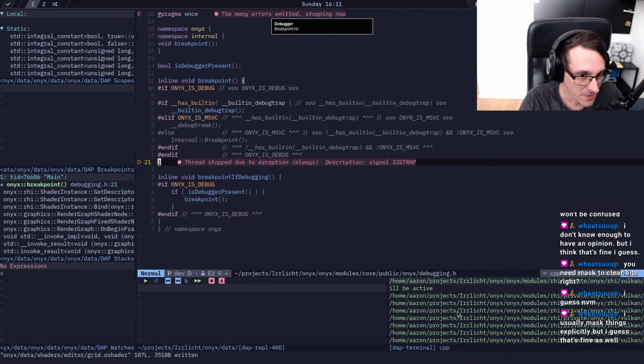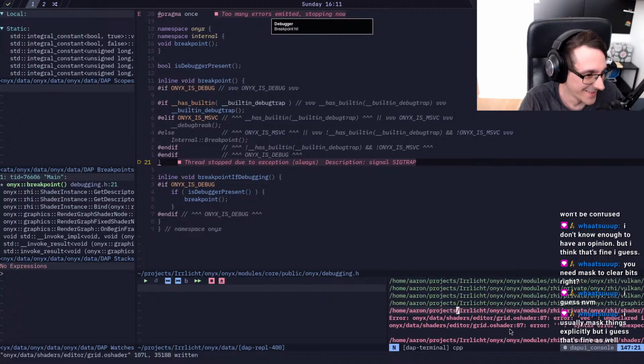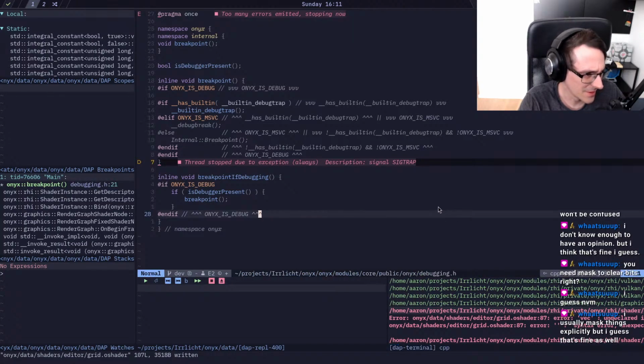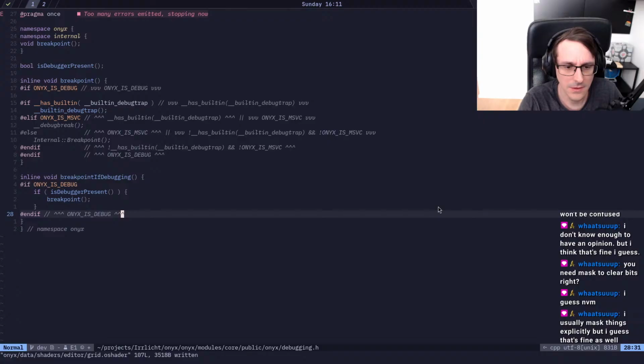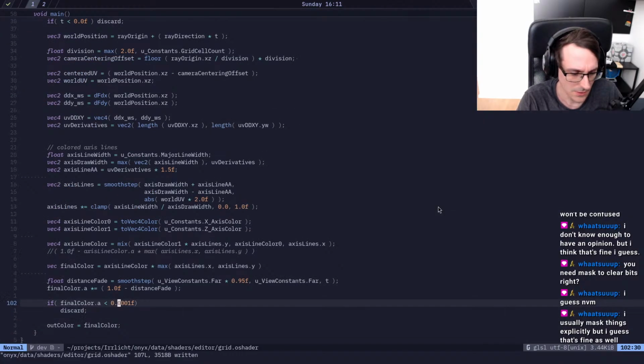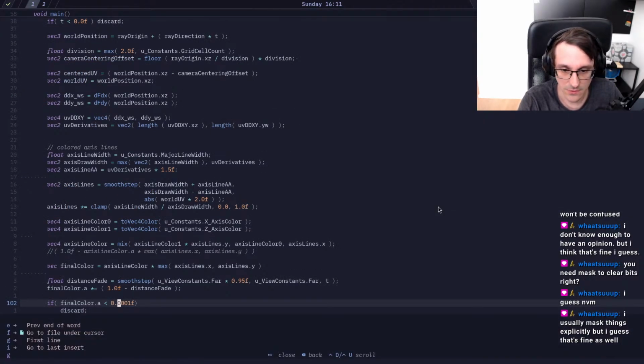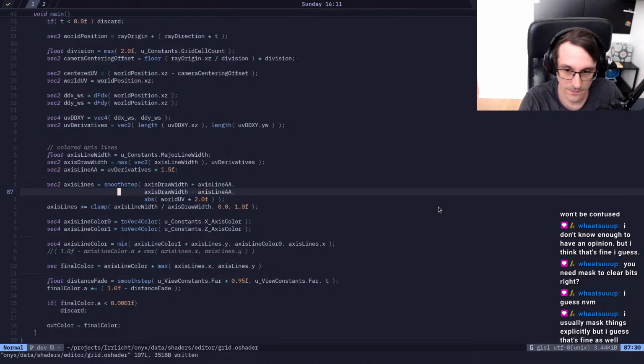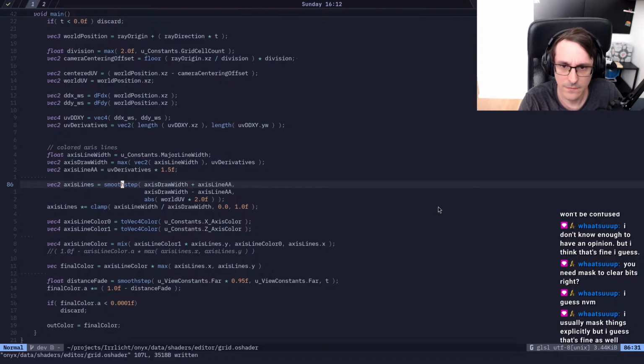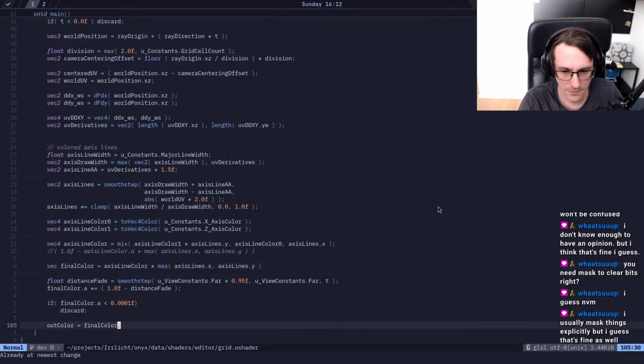Probably doesn't, right? I always make mistakes in shaders. Of course I did. Line 87. Oops. 87, go. Maybe not. Ah, here. Wait, I even forgot a couple of things. This one here. And then this is a vec4.